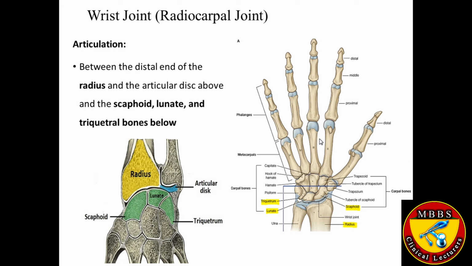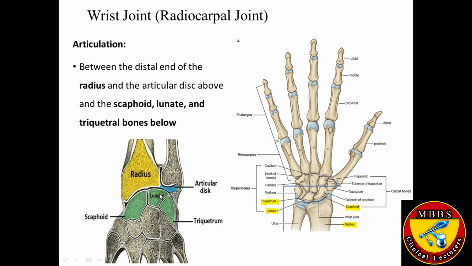The wrist joint, or radiocarpal joint. First of all, articulation means that two bones unite together at a point. The articulation is between the distal end of the radius and the articular disc above, and the scaphoid, lunate, and triquetral bones below.